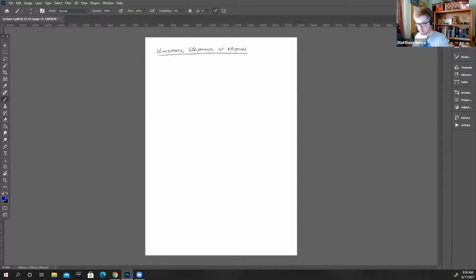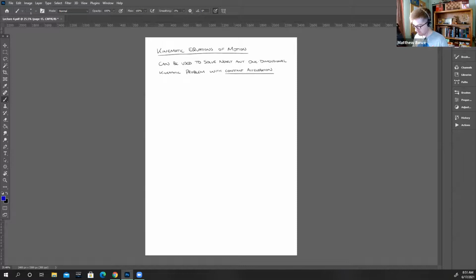So here are the kinematic equations of motion. They can be used with nearly any one-dimensional kinematic problem with constant acceleration. That's the important part. So it could be constant at 0, or it can be a constant positive or negative acceleration.